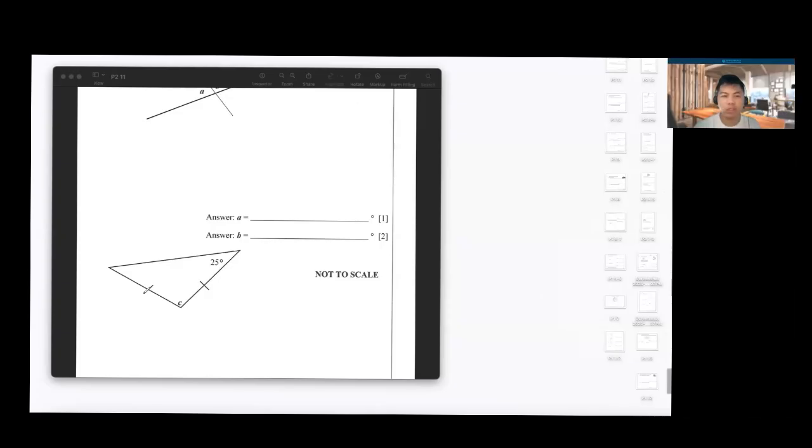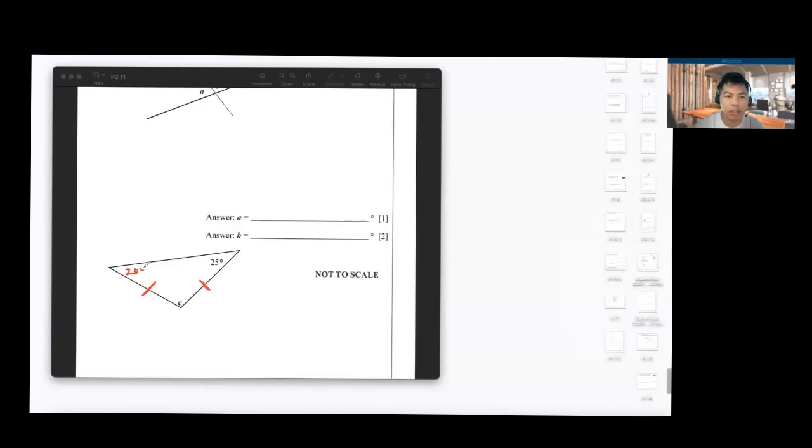Okay, yeah, that's a great start. This symbol, that's a great start, Aliyah. This symbol tells us that this is an isosceles triangle. That means two sides are equal and two angles are equal. So therefore, if this is 25, this one must also be 25.